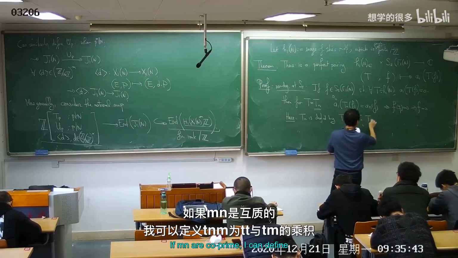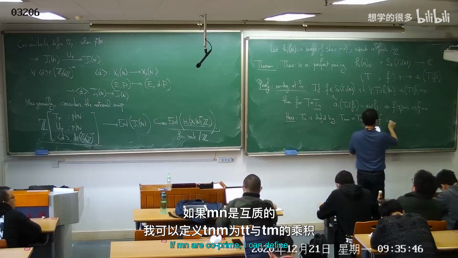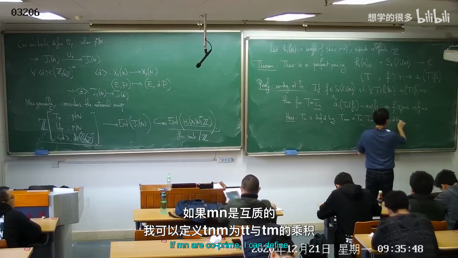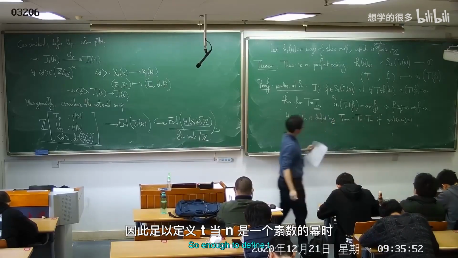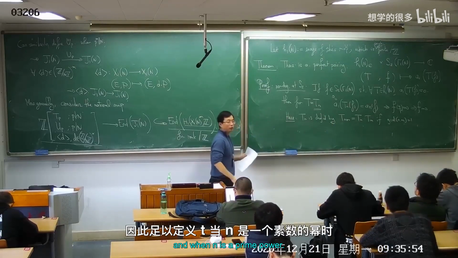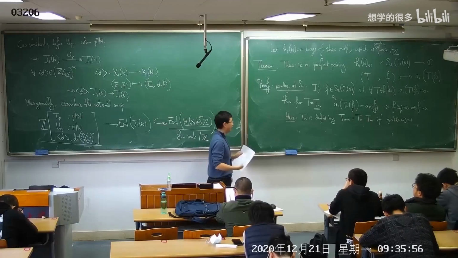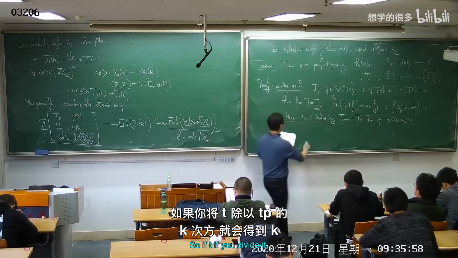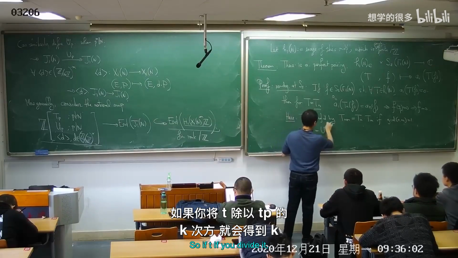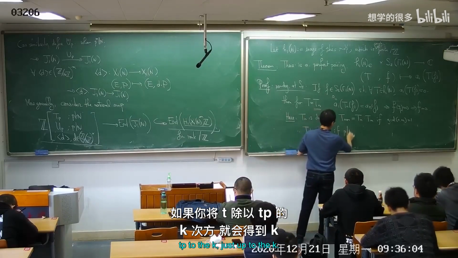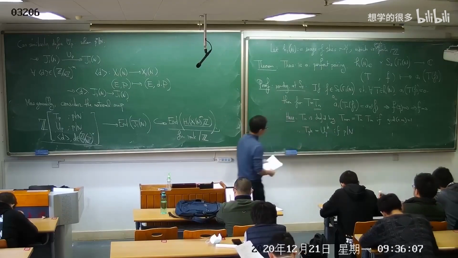If m and n are coprime, I just define T_{nm} to be T_n times T_m. So it's enough to define T_n when n is a prime power. If p divides n, T_{p^k} is just U_p^k.